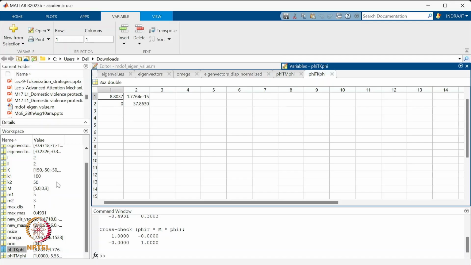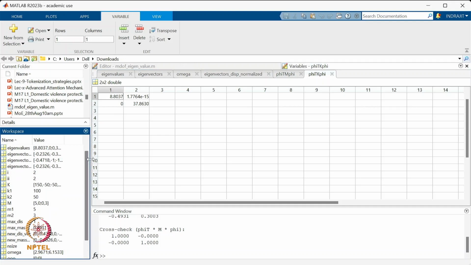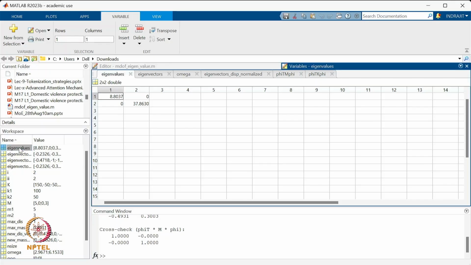Now if you see phi transpose K phi, and previously your eigenvalues, I think this one, look, they are the same.